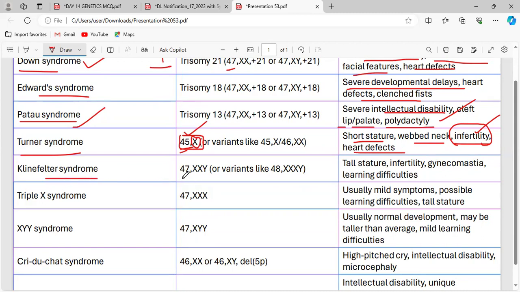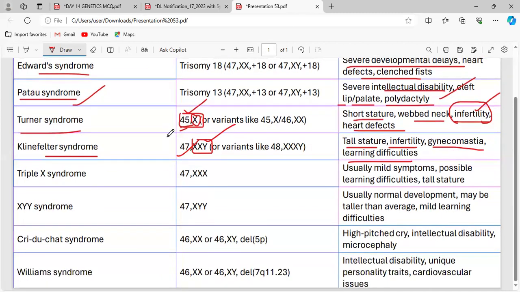Klinefelter syndrome. Once again, this will be 47 chromosomes, and in the sex chromosome we can find one extra chromosome. So we can find male characteristic features and also female characteristic features. Tall stature, infertility, gynecomastia, learning difficulties.